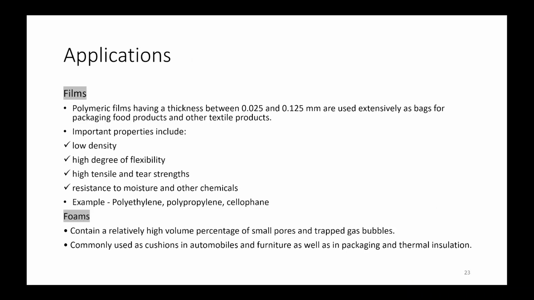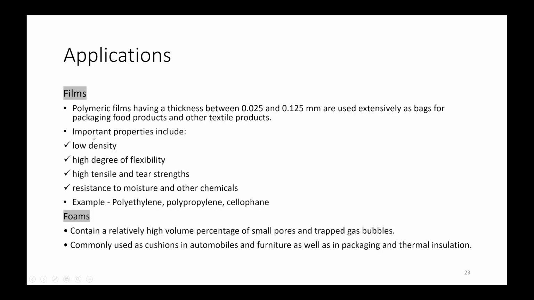Now, another application of polymers includes making films and foams. In case of films, polymeric films with a thickness between 0.025 and 0.125 mm are used extensively as bags for packaging food products and other textile products.